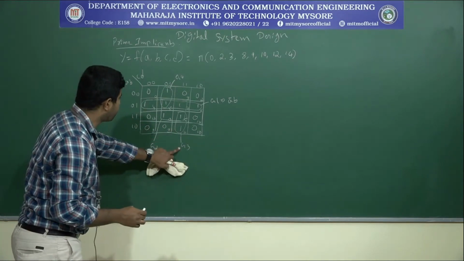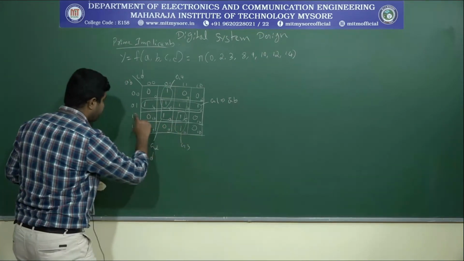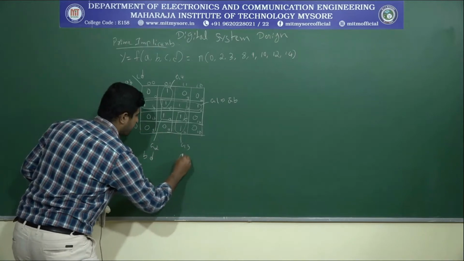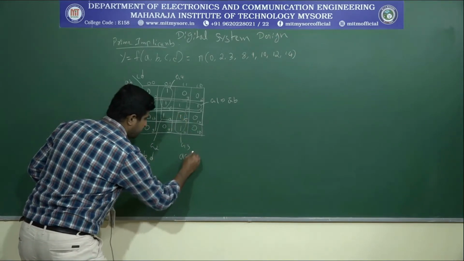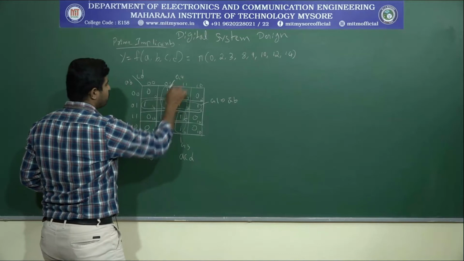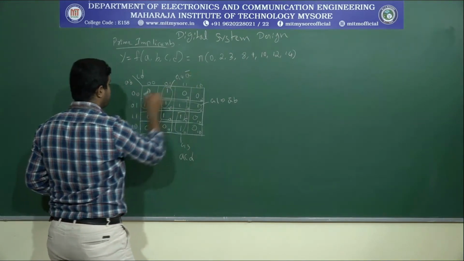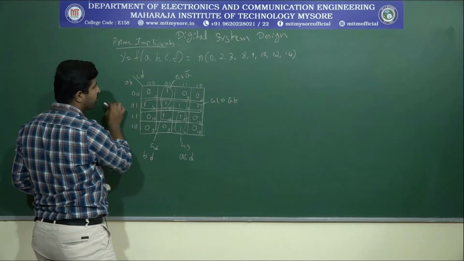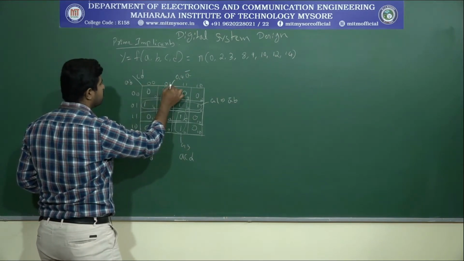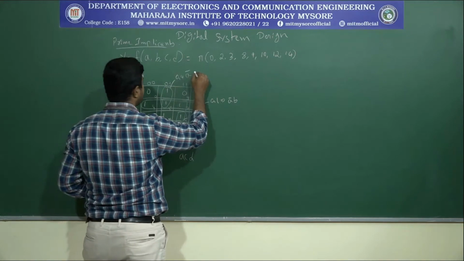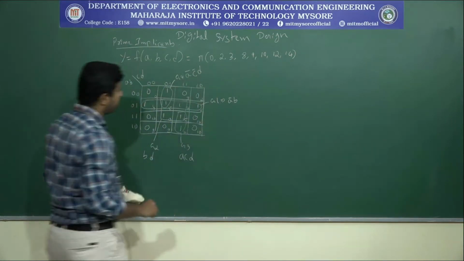For group 3, this corresponds to A, C, D. For group 4, 0, 0 gives A bar, 0, 1, B has a changeover so we drop it, and corresponding to C, D being 0, 1, this corresponds to C bar D.